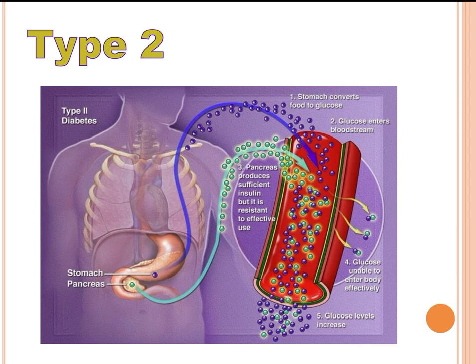In fact, they may even be able to control their diabetes type 2 through diet and exercise alone and keep their blood sugar levels at healthy levels without needing any kind of pharmacological treatment.